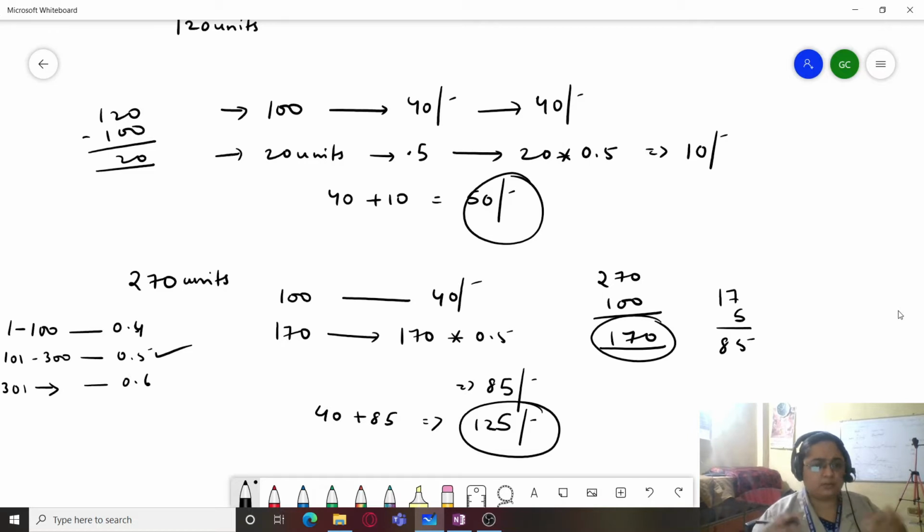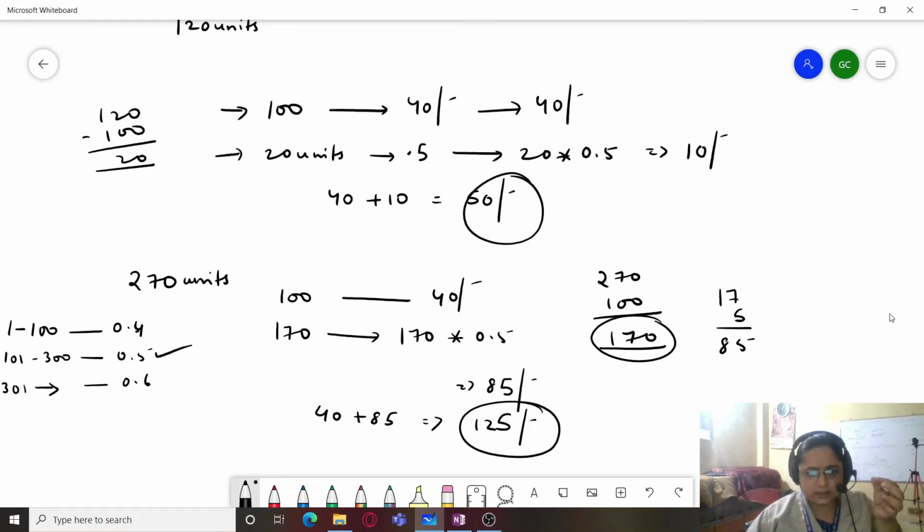So this is how we perform slab-wise calculation. First of all, for the number of units which are given, you check which slab it falls within, and you consider all the previous slabs before that, and you go on calculating the complete amount for the total number of units in the previous slabs.